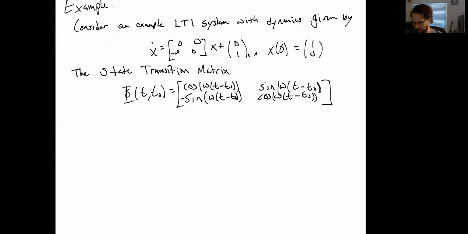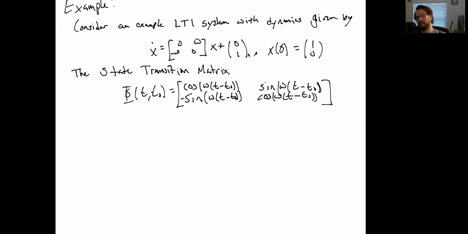Let's look at this state transition matrix and make sure that it satisfies the properties of state transition matrices, right? So the first one to satisfy is the identity property.